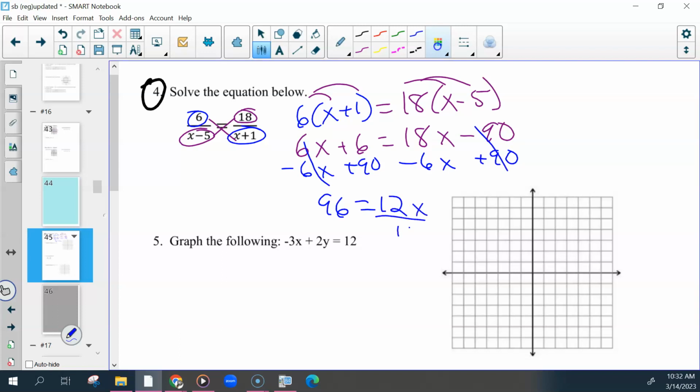If we divide both sides by 12, what would x be? Then if you put that back into your x's, your equations should equal each other. It should prove to be a true statement. Questions about that? Or other questions?